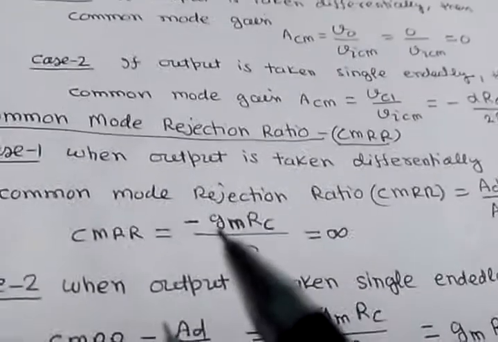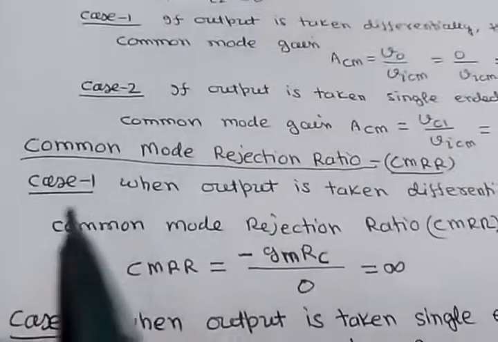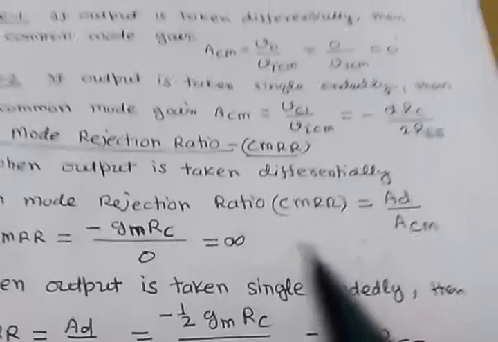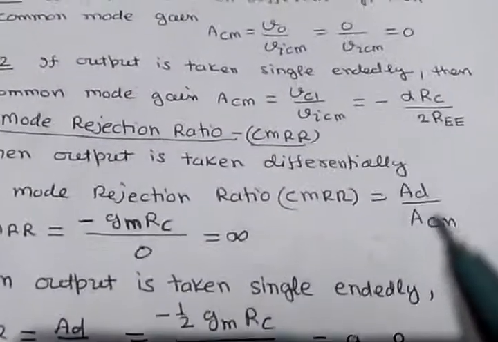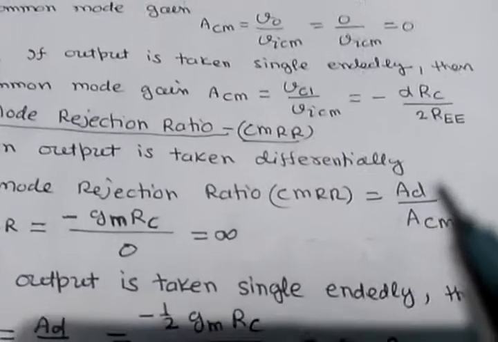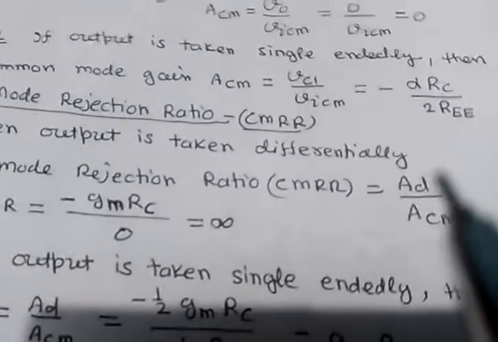So common mode rejection ratio we can calculate in two ways. First, case 1, when output is taken differentially. In this case, common mode rejection ratio CMRR will be AD upon ACM. We have to take AD of the case of differential. It is the case of differential gain when output is taken differentially.